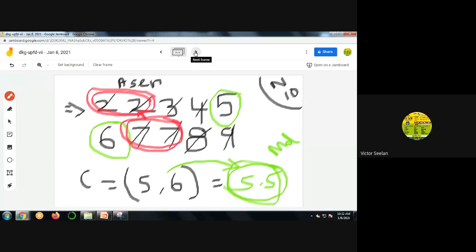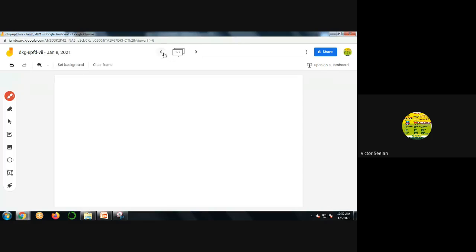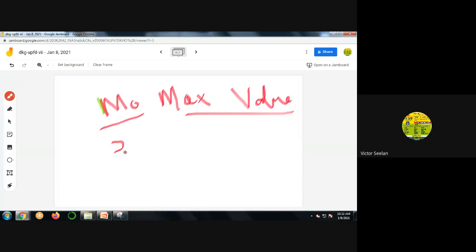So here, 2 repeated 2 times, 7 repeated 2 times. So here our mode is 2 or 7. So here our mode is nil. There is no mode value.